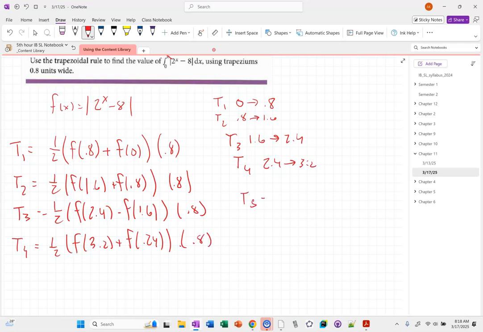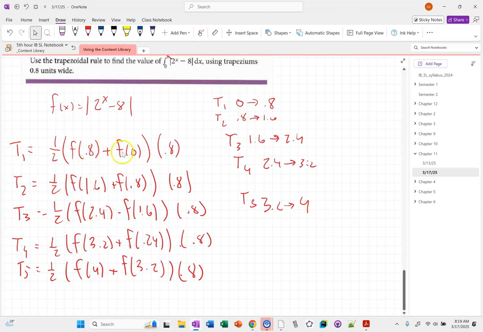And then T5 goes from 3.2 to 4. Everybody feel okay there?